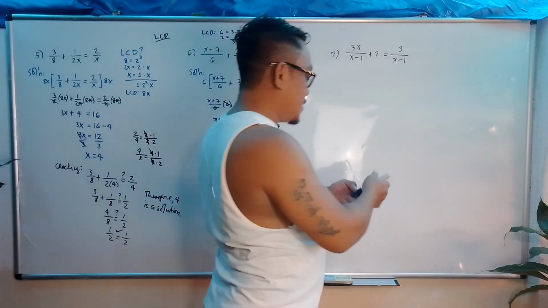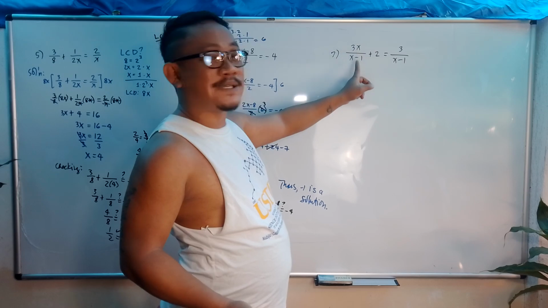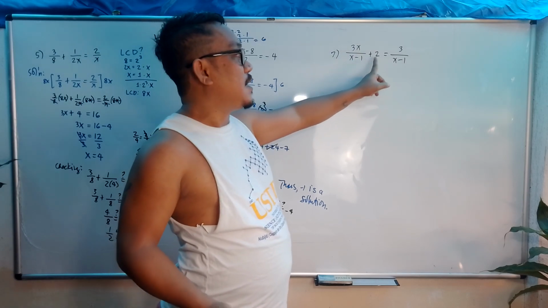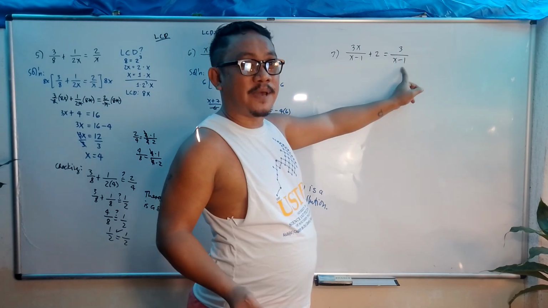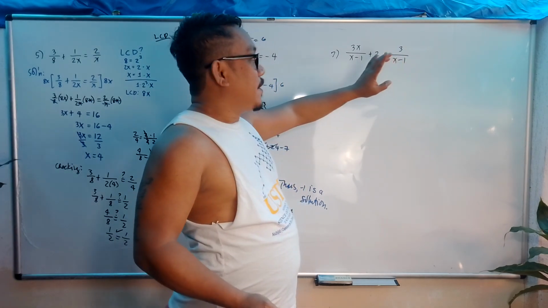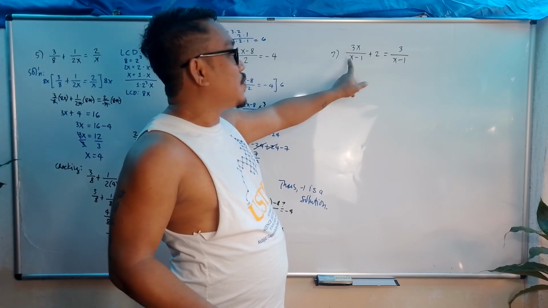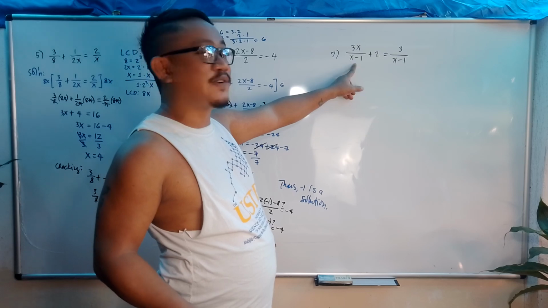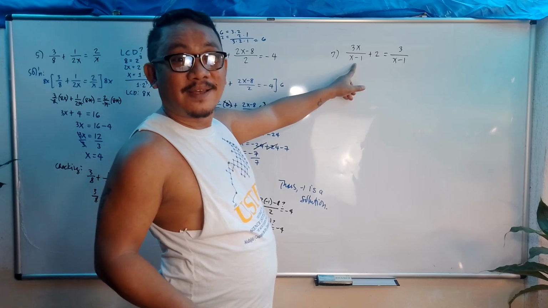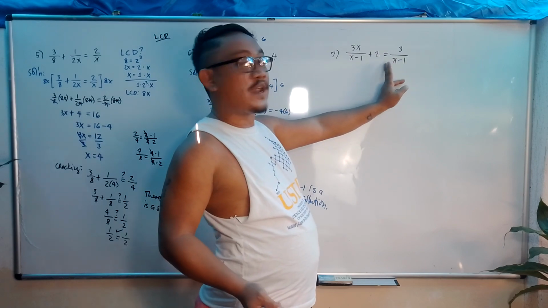Okay, let's try this. You are given in number 7, 3x over x minus 1 plus 2 is equal to 3 over x minus 1. So, there's a condition here. If we look at the equation, if x is equal to 1, the denominator becomes 0. So, it becomes undefined. The equation is not defined if the value of x is 1.